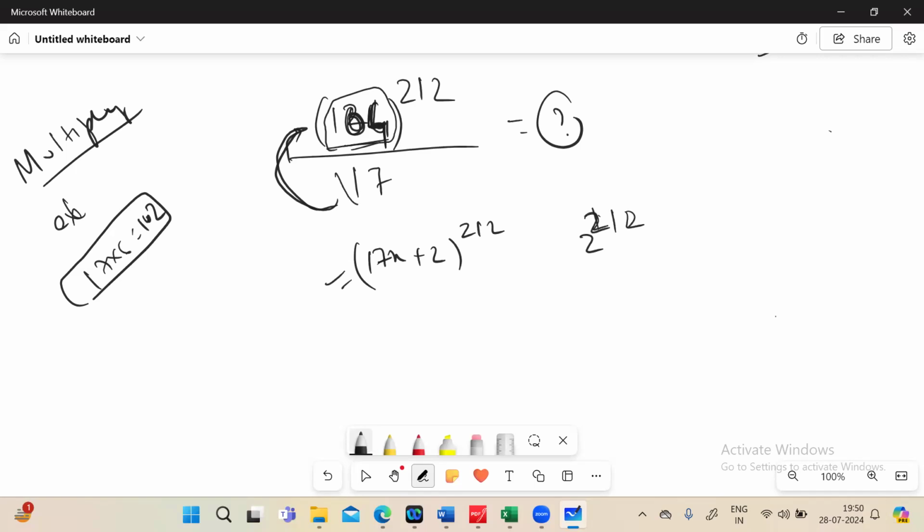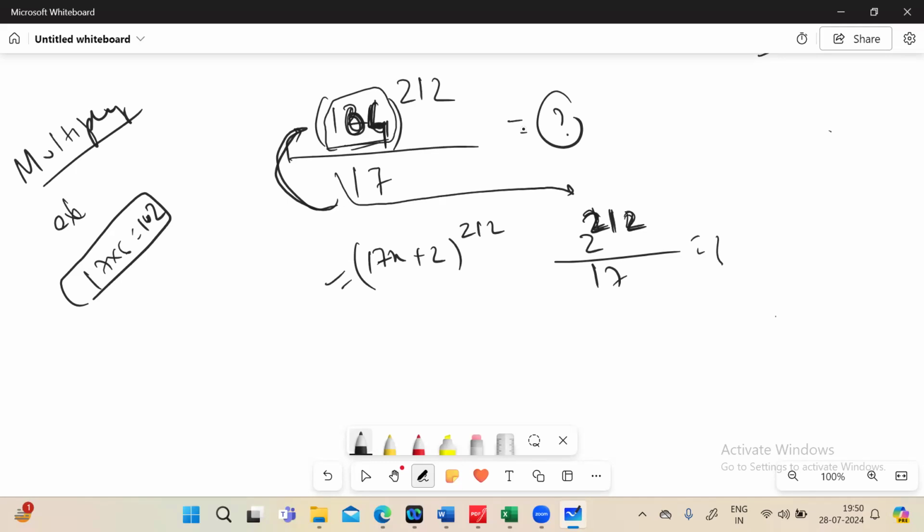So this particular problem reduced to this: the remainder left was 2 to the power 212, and if it gets divided by 17, what will be the remainder? So this is how we keep shortening the divisor.